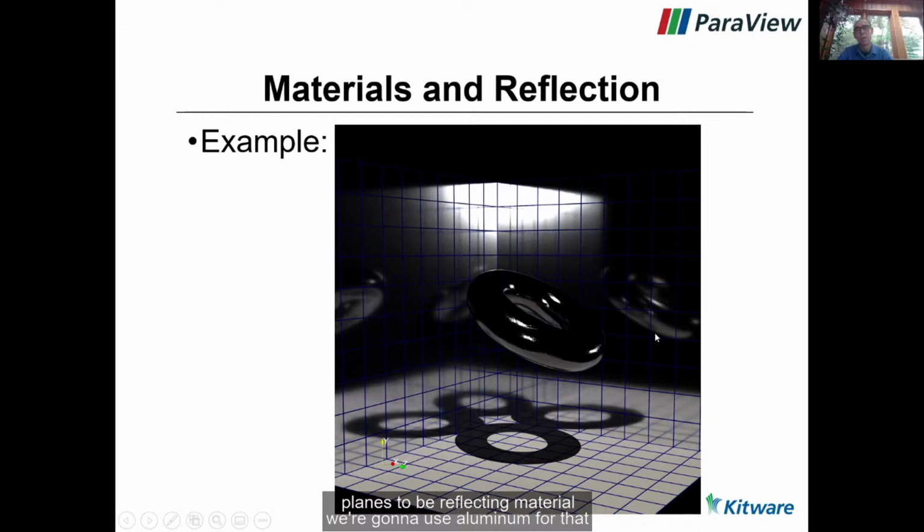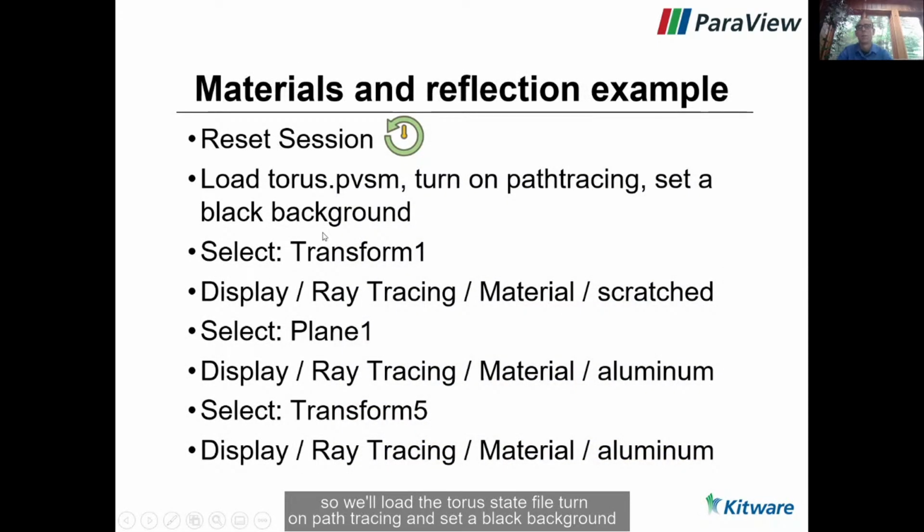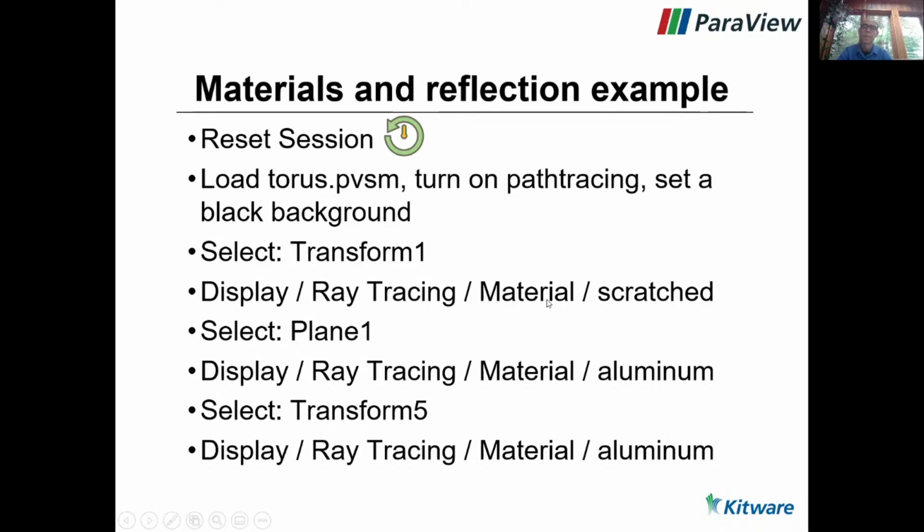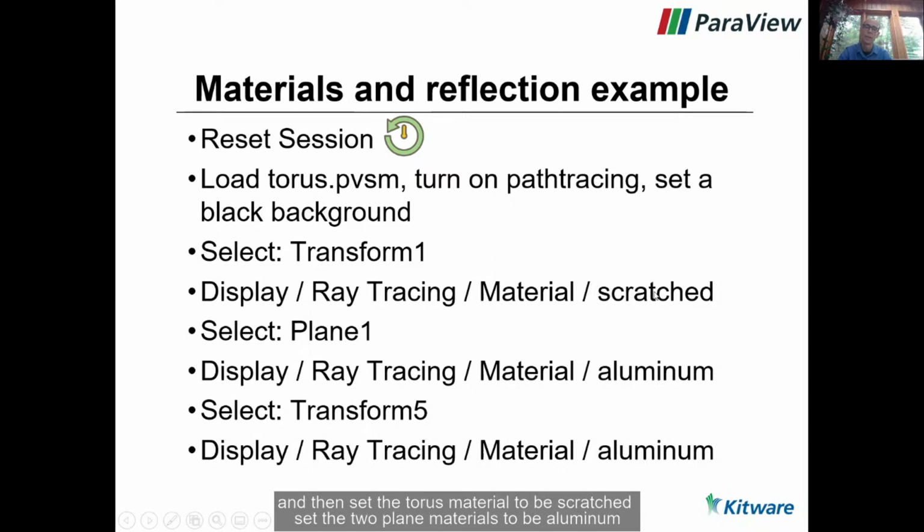Going to use aluminum for that. So we load the torus state file, turn on path tracing, and set a black background. And then set the torus material to be scratched, set the two plane materials to be aluminum.